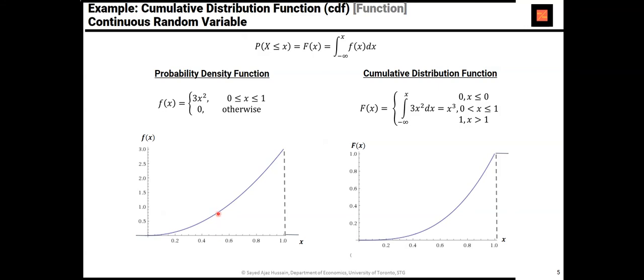Remember that for continuous random variables, it's the area under the curve that represents probability. So the heights don't represent a probability, and therefore it's possible for the density to be bigger than 1. See, we have the number 3 over here. But CDFs, since they represent a probability, will never be lower than 0 and never bigger than 1. And this allows us to do something interesting.